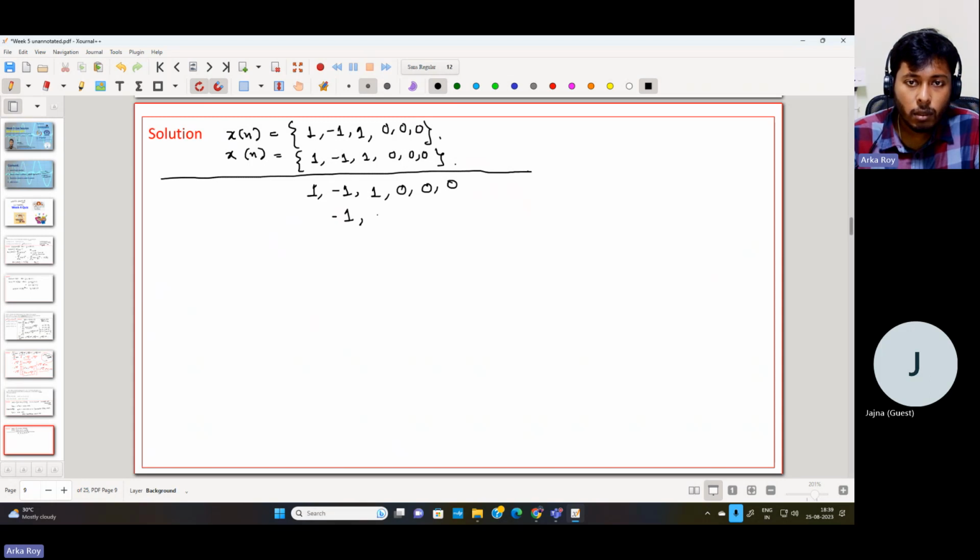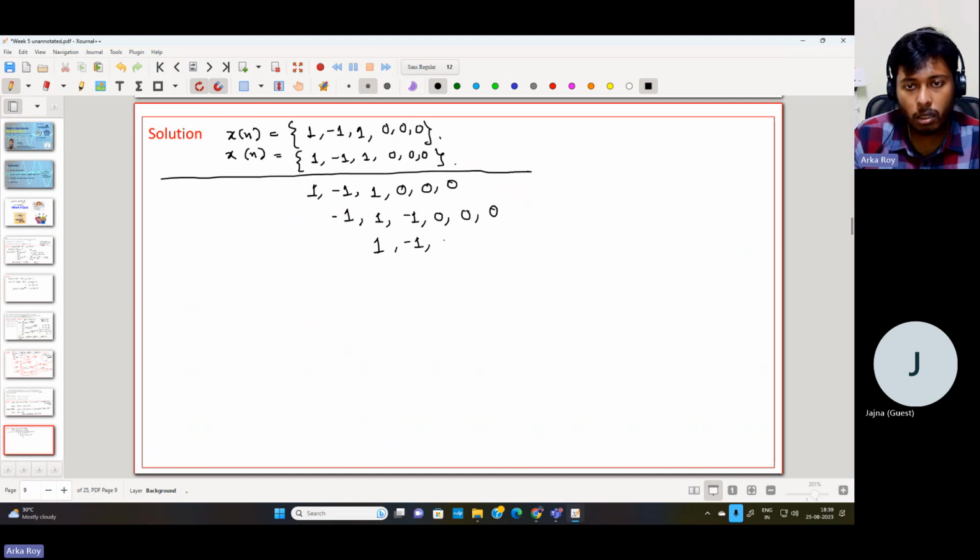So that will be -1, 1, -1, 0, 0, 0. Then again, this will be multiplied, and I'm shifting one place. When I'm multiplying with the next sequence value, I'm shifting the multiplication position. So for this case, this will be just the replica of the original signal.